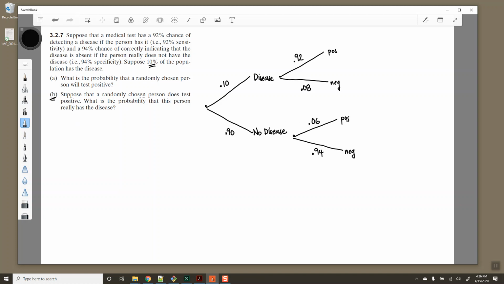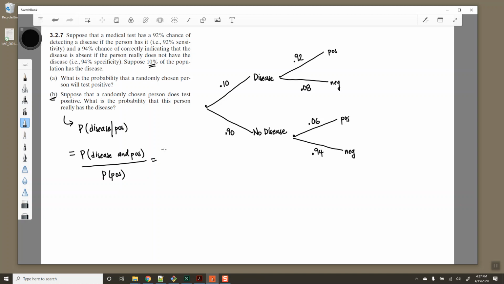And it says, suppose that a randomly chosen person does test positive. What's the probability that this person has the disease? So the answer we are going for is, what is the probability of someone having the disease given the person tests positive? And the way this is going to be calculated is that the numerator is basically going to be disease and positive, divided by the probability of getting a positive test.